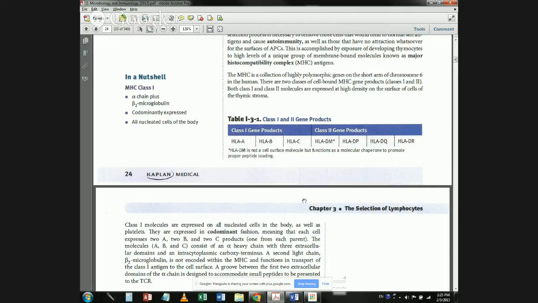Let's go back to this table 131, class 1 and 2 gene products. Over here on the left-hand side, in a nutshell, it says MHC class 1. What is that? Basically, it's an alpha chain plus a beta-2 microglobulin, and these are codominantly expressed in all nucleated cells of the body.